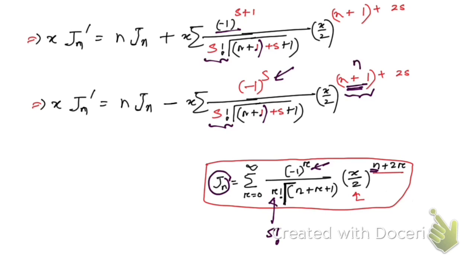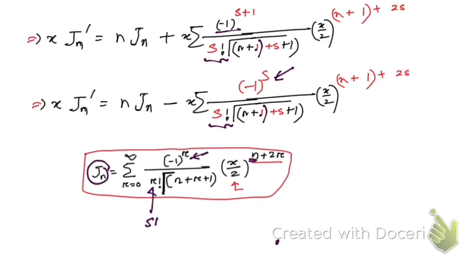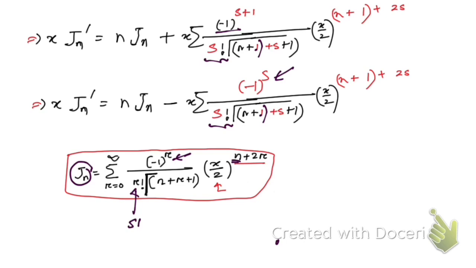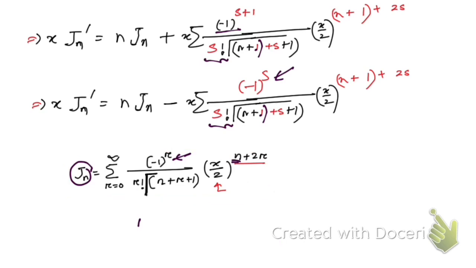So in this Bessel's function, let me show you, you can consider it this way: instead of n you have n plus 1, and instead of r factorial you have s factorial, right? So you can consider it that way.